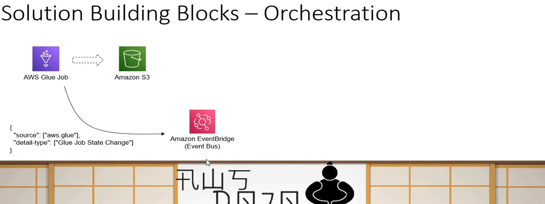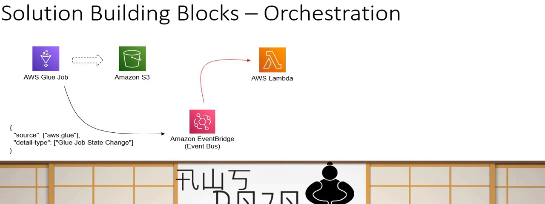For that, in EventBridge, you have to create a rule to track the Glue job status change. When the Glue job finishes the execution, it bubbles up an event to EventBridge saying, hey, the Glue job has finished writing data to the S3 bucket.